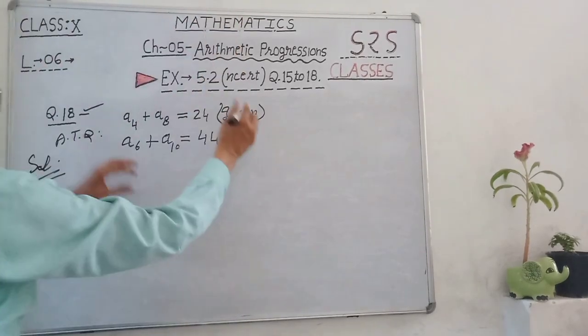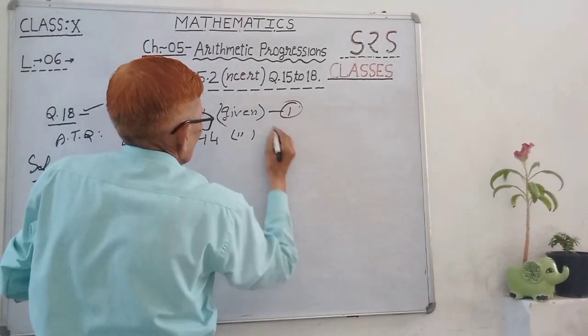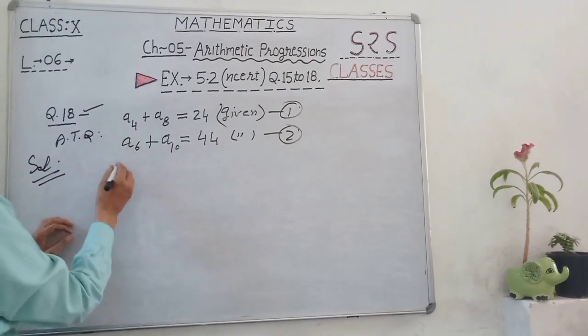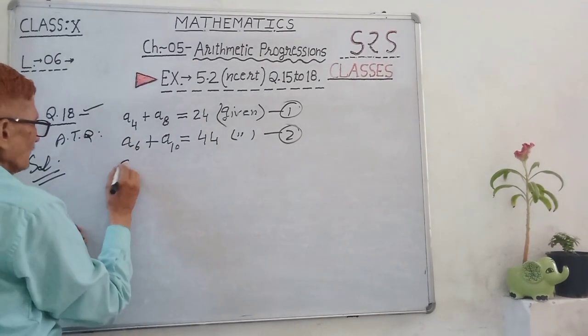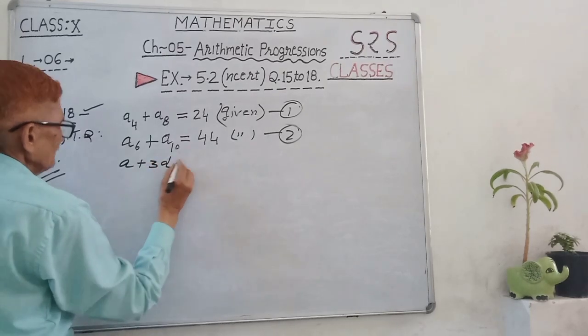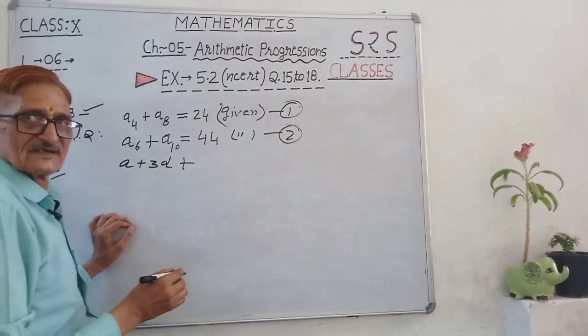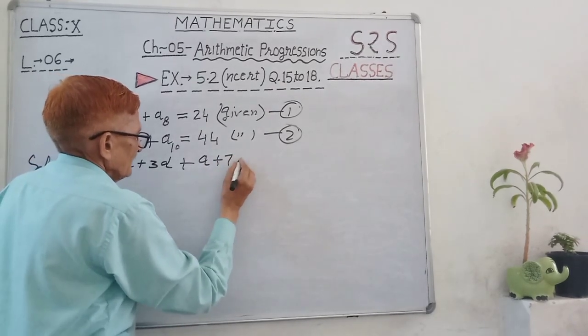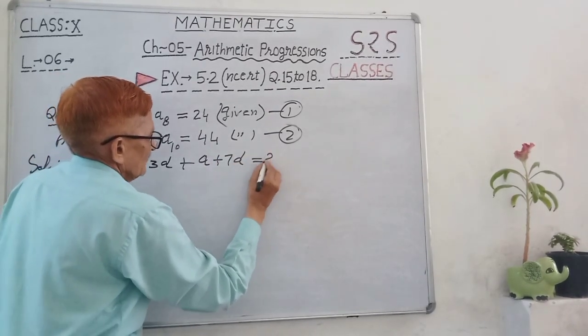Now solving equation 1 and equation 2. From the first, the 4th term, A plus 3D, plus the 8th term, A plus 7D, is equal to 24.